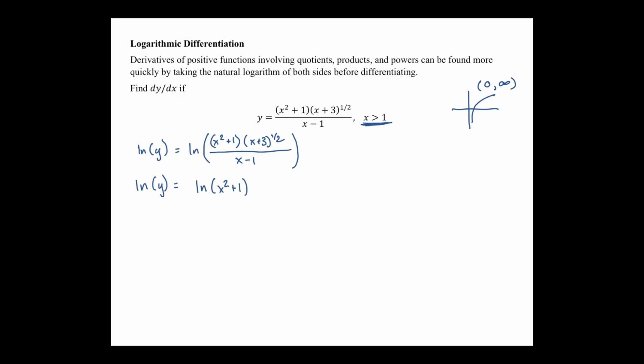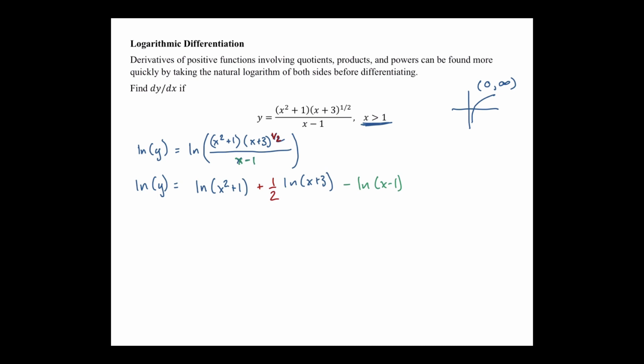The 1/2 right here comes down in front, so plus 1/2 ln of x plus 3. And then this x minus 1 is in the denominator, so you could rewrite this as minus ln of x minus 1.